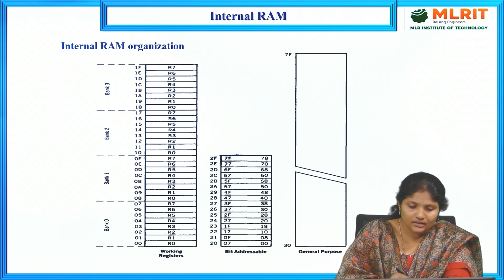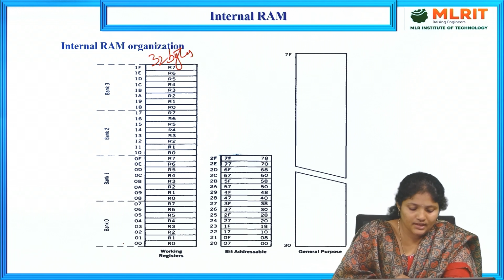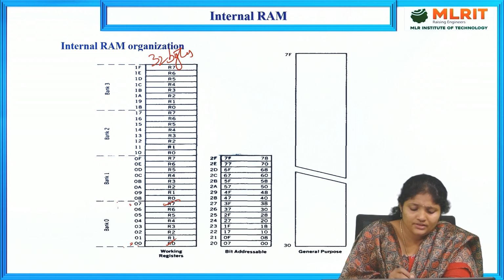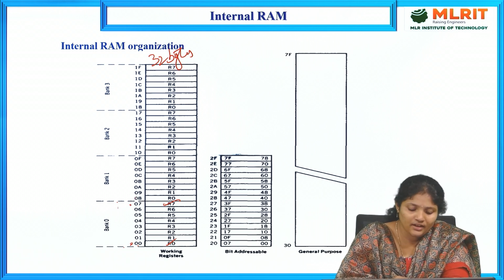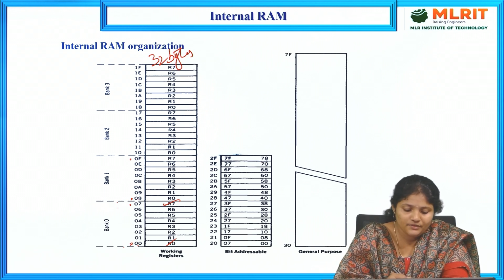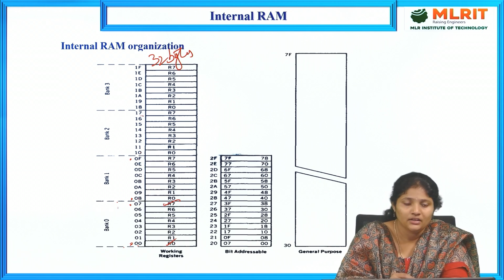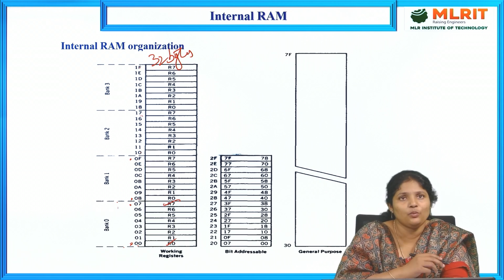These are the 32 bytes reserved for the registers. Bank 0 has R0 to R7. Addresses from 00 to 07 are used for bank 0, and addresses from 08 to 0F, as the address locations of 8051 are in the hexadecimal number system, so it is represented by using F. Bank 1 is from 08 to 0F, bank 2 is from 10 to 17, and bank 3 is from 18 to 1F.